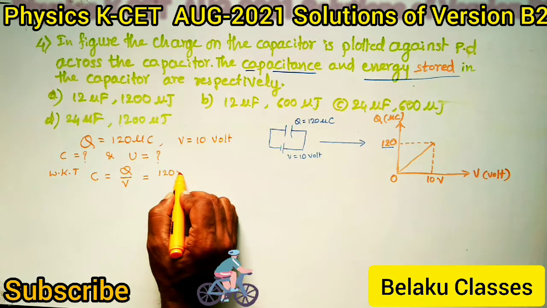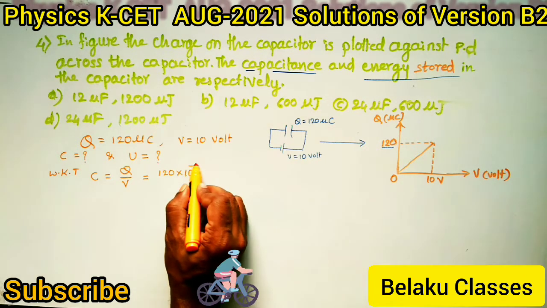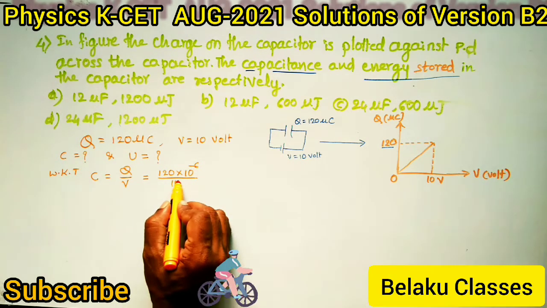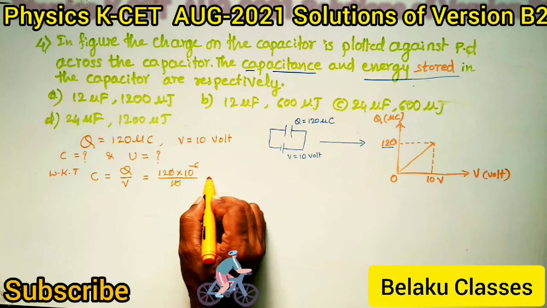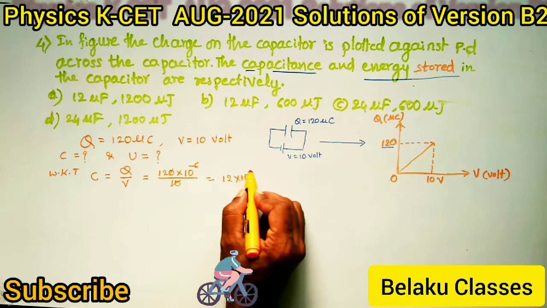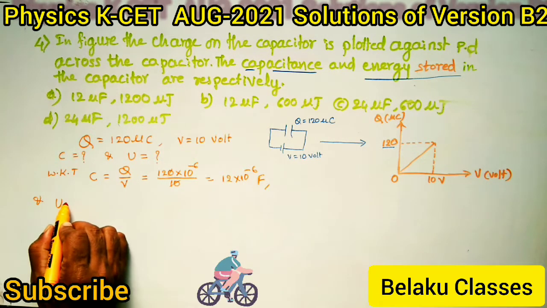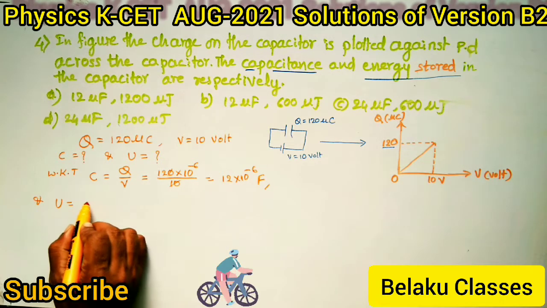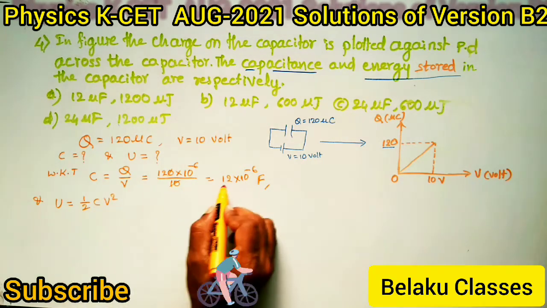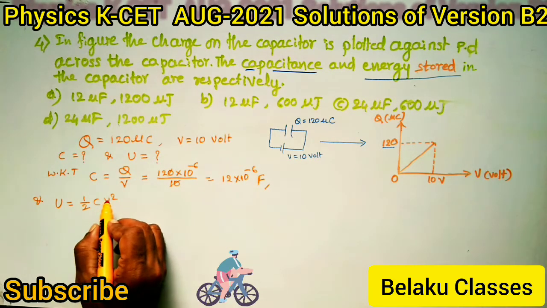So 120 micro you can express in terms of coulomb, that is 1 micro is equal to 10 to the power of minus 6 coulomb. Then potential difference is 10 volt. Then the answer is, here we get 12 into 10 to the power of minus 6 farad, and energy stored in the capacitor is given by half CV square. C is known, 12 into 10 to the power of minus 6 farad, and V is known.